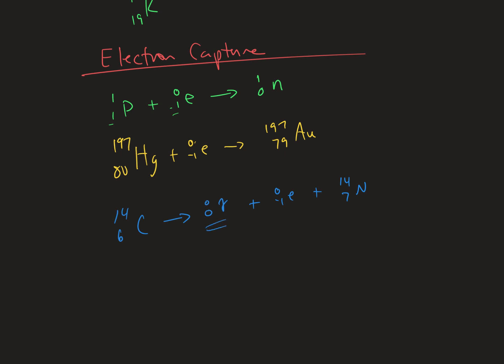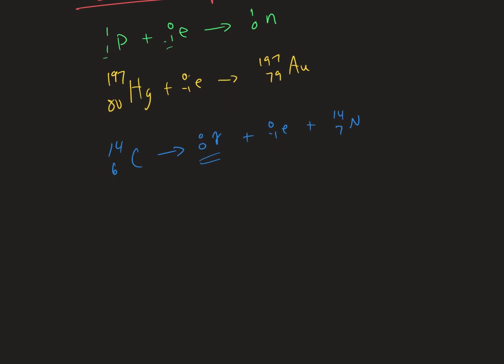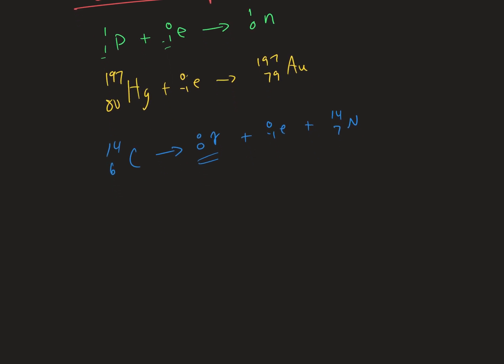That's the energy. Can that happen during electron capture as well? Sure. Can that happen during alpha particle decay as well? Sure, right? So we're not going to just have one that just has gamma radiation. It'll come with the other type. Does that make sense?